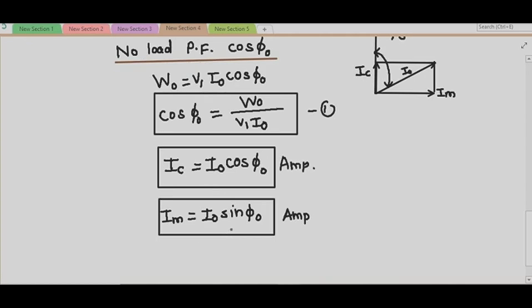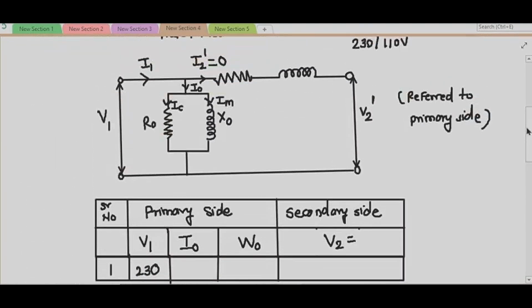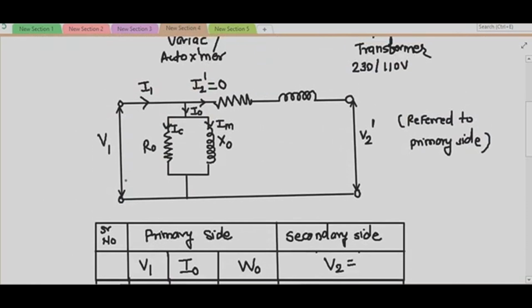Hence, referring to the equivalent circuit which I have drawn above, referred to the primary side, what is my R0? From this figure, what is the voltage across R0? V1. So V1 divided by Ic. How have I calculated Ic? Ic is nothing but I0 cos phi 0.